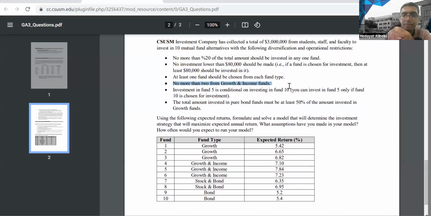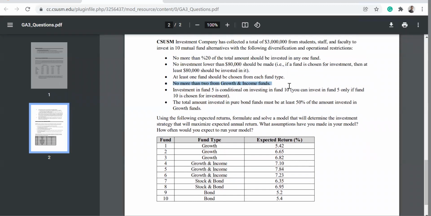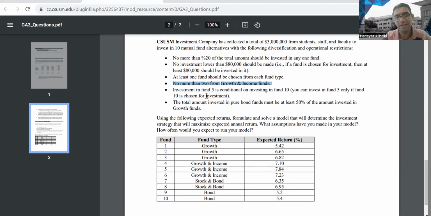Bullet 4. Would it be y4 to y6 has to be greater than or equal to what? Greater than or equal to 1, and then y4 to y6 has to be less than or equal to 2. Less than or equal to 2, exactly. Either 2, 1, or 0.